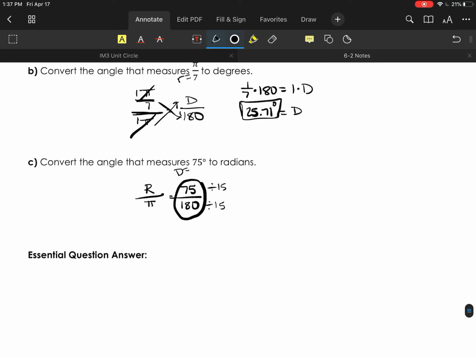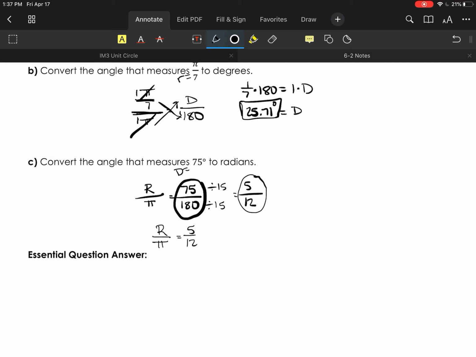So if I divide 75 by 15, and I divide 180 by 15, 75 divided by 15 gives me 5, and 180 divided by 15 gives me 12. Okay, so that actually reduces to 5 over 12. So I have r over pi equals 5 over 12.